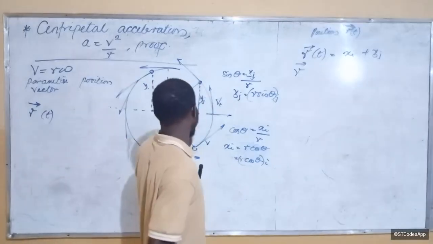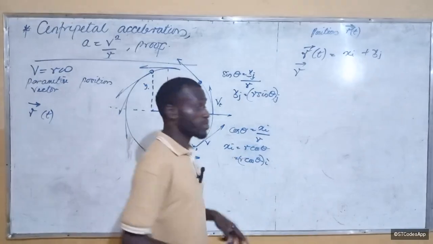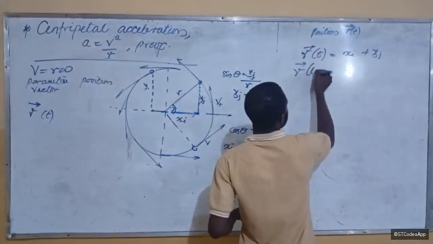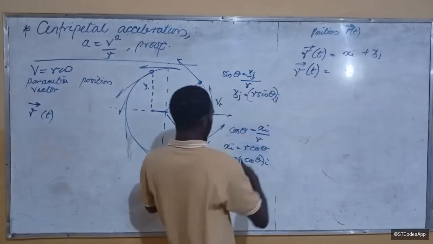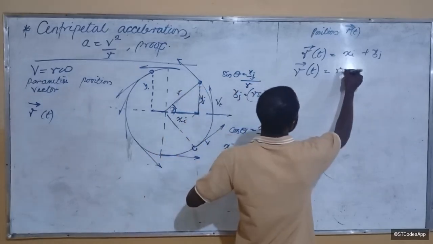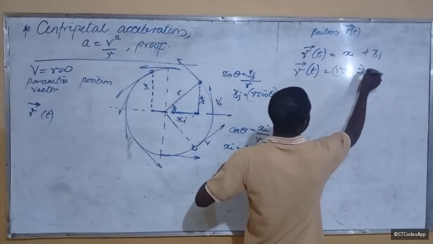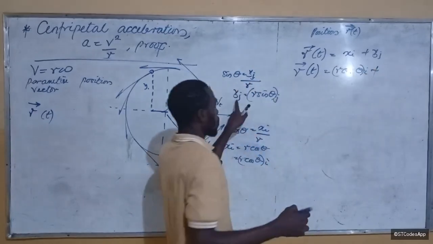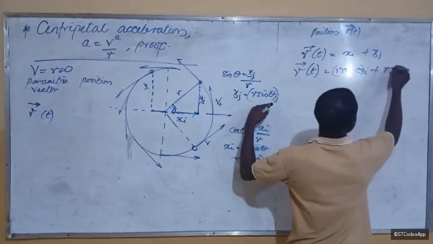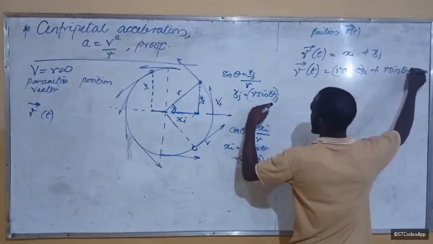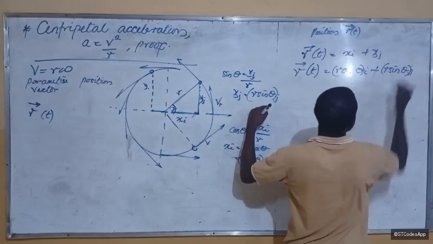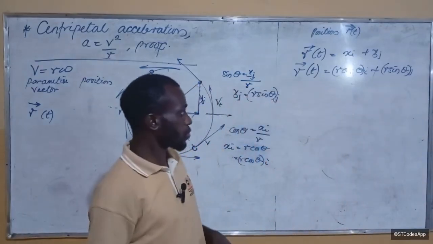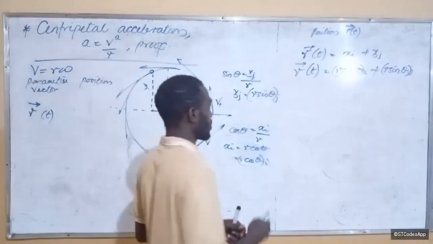This position has both x and y displacements. All right. So we have r equal to, what is x i? r cos theta i, then plus y j is r sine theta j. Okay, so we are getting somewhere now. It's making sense now, right?